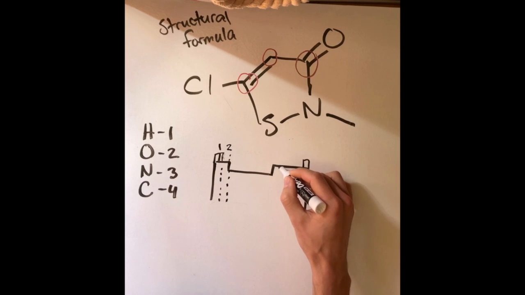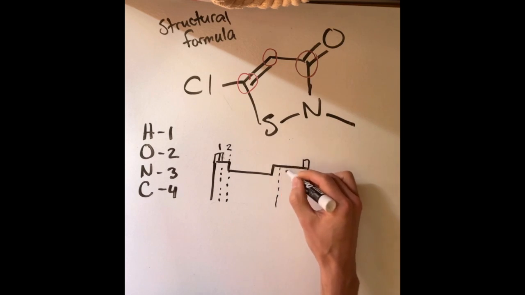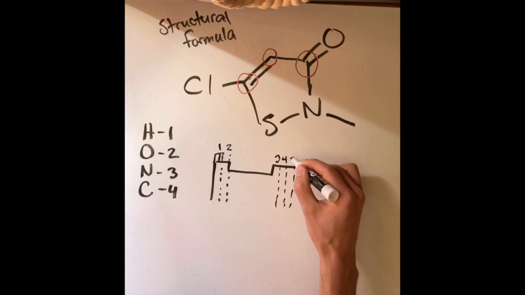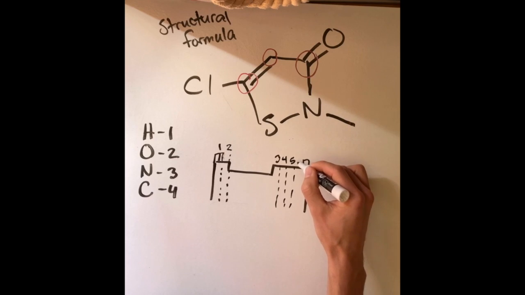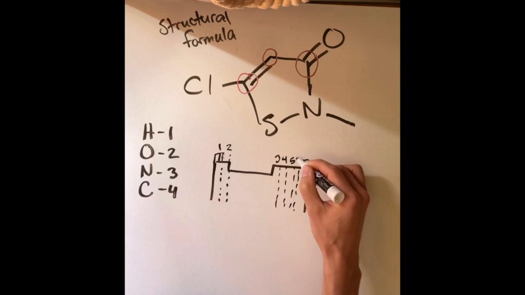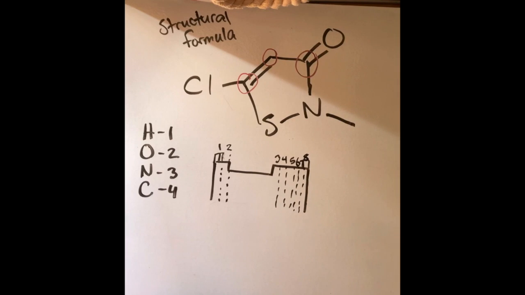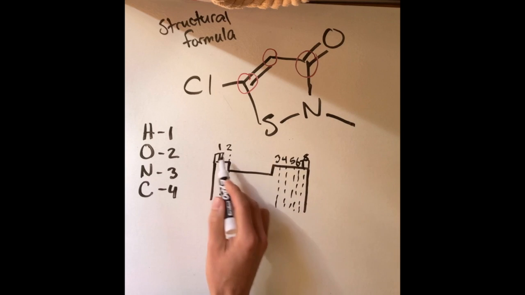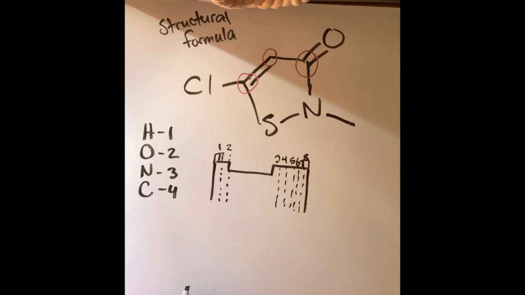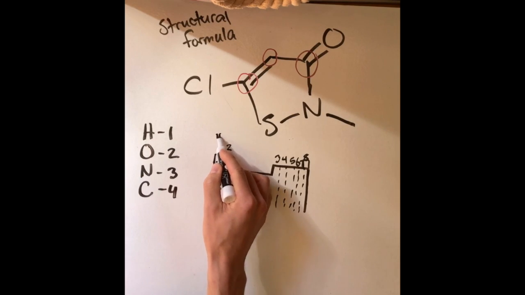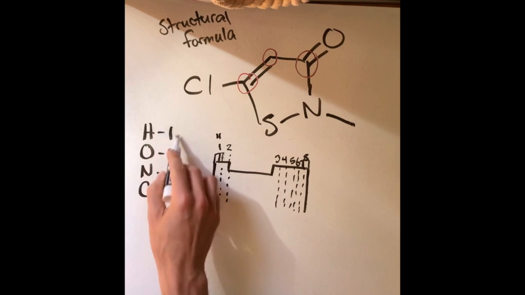Elements in this group over here have 3, 4, 5, 6, 7, and 8. These valence electrons tell you about how many bonds that substance is likely to make. Hydrogen is over here in the periodic table. It has 1 valence electron, and so it's likely to make 1 covalent bond.